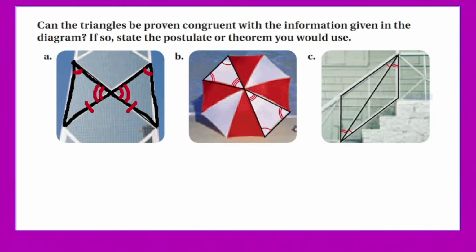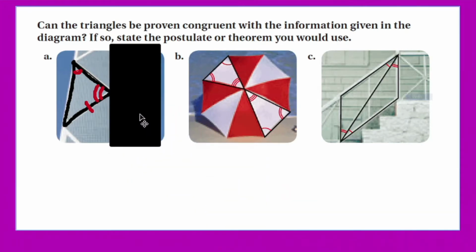We added our own vertical angles, so what do we have there? Remember that you always want to cover up one of the triangles when you're trying to decide what kind of order you're looking for. Do you see that on each triangle we're looking at two angles and one side? So this is either angle-side-angle or angle-angle-side. You just have to decide where the side is positioned.